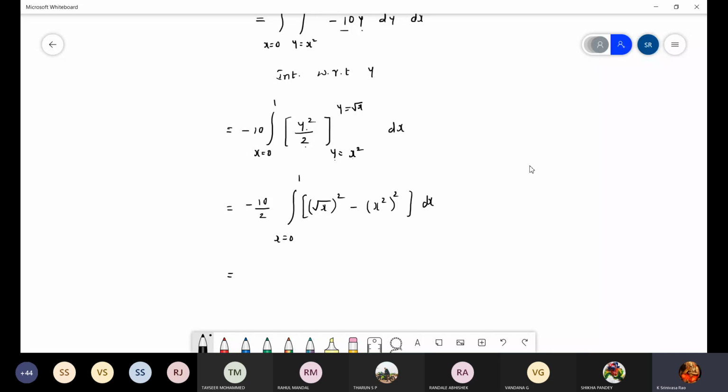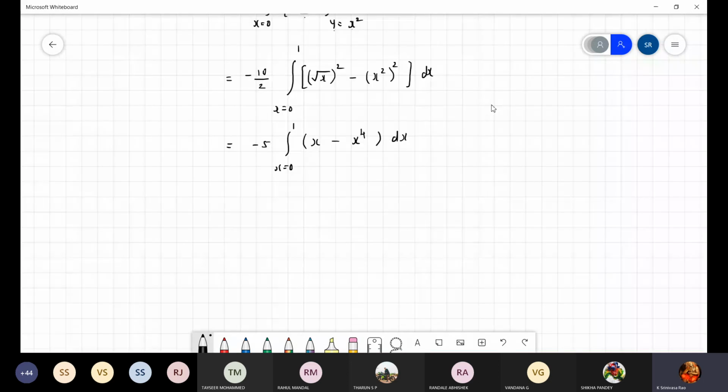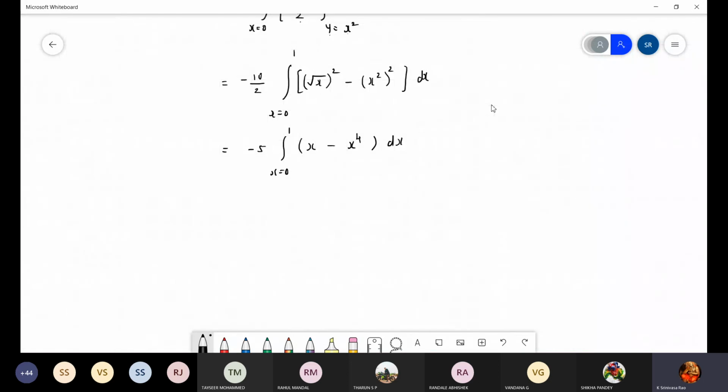So now this gives minus 5, minus 10 by 2 is minus 5, and one more step, x equal to 0 to 1. Root x whole square means x, since square and square root cancel. You will get x minus x square whole square, which means x power 4. So this you have to integrate with respect to x. Next step, integrate with respect to x.